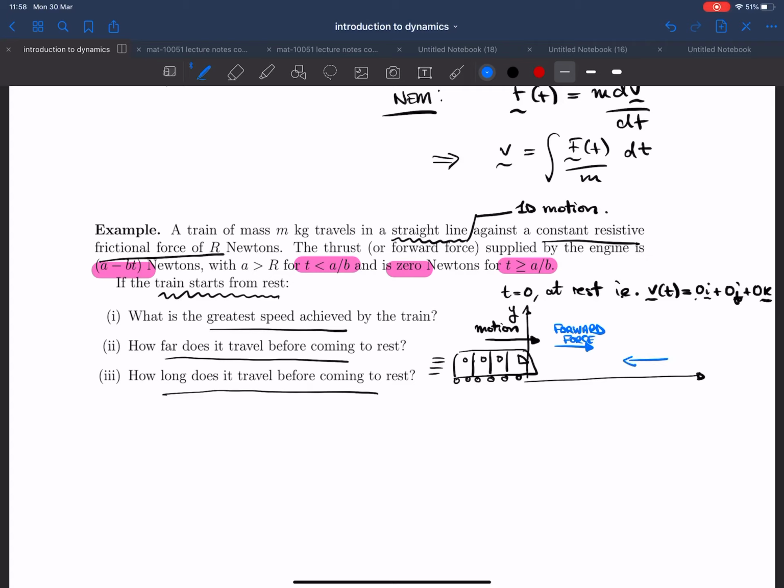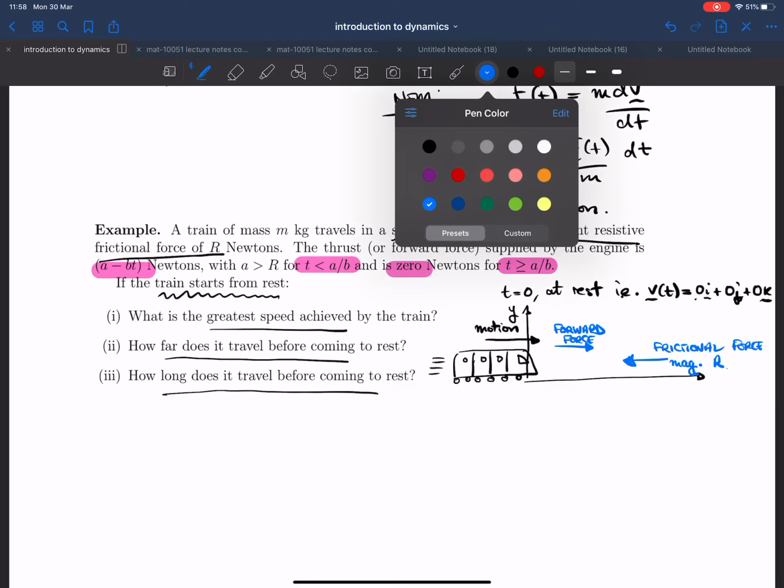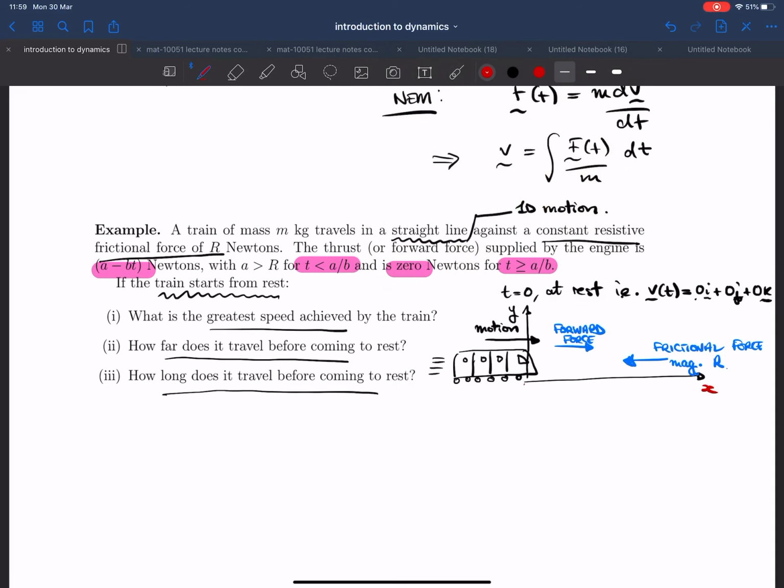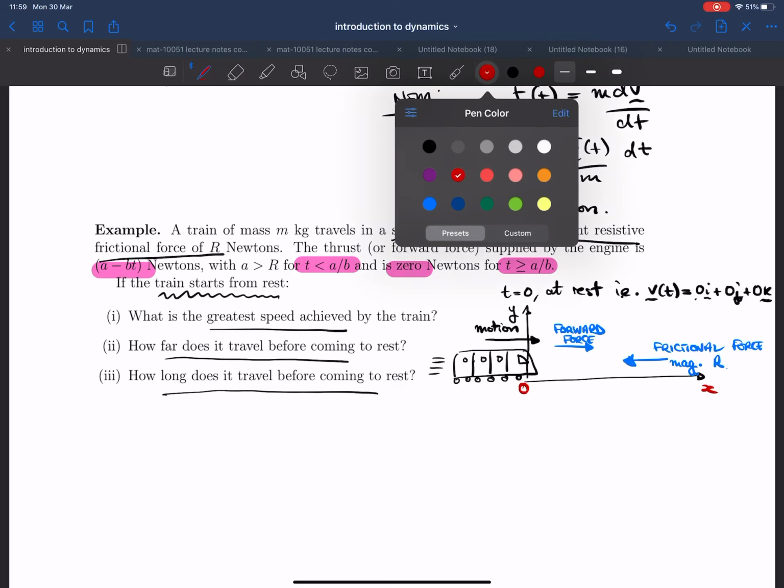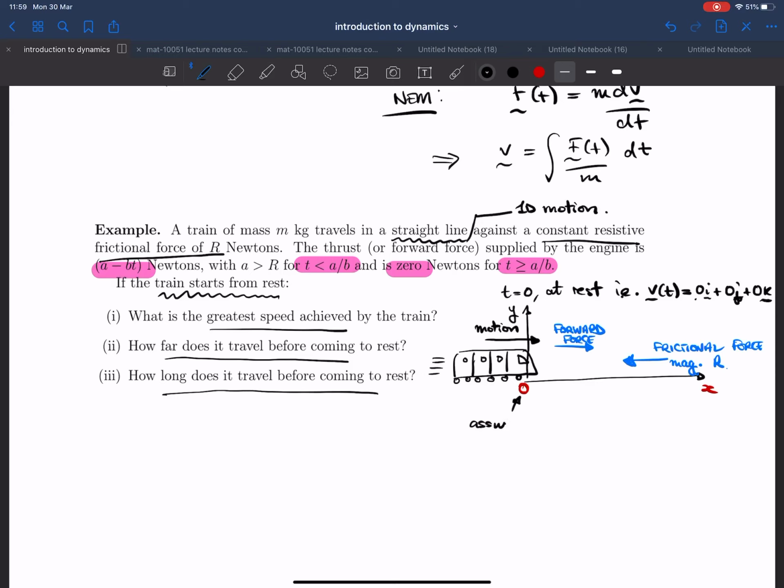And opposing this is the resistive frictional force, not mg, with magnitude R. The axis on the bottom is the x-axis, and we assume, for simplicity in calculations, that the train is at 0 when t equals 0, and this is when v of t equals 0i.